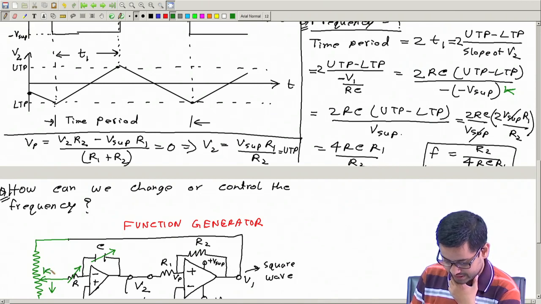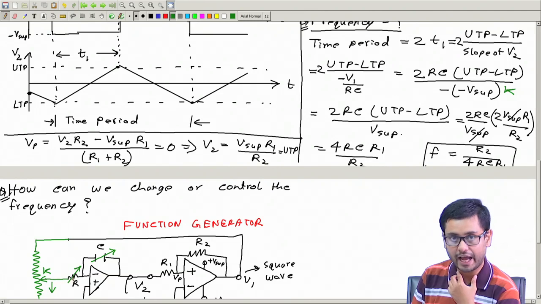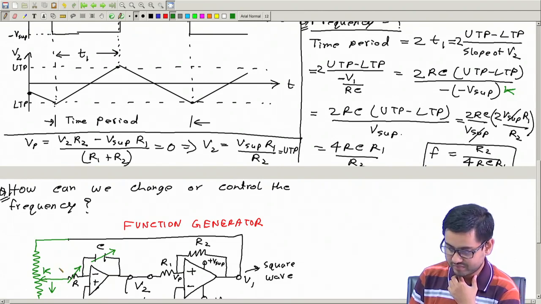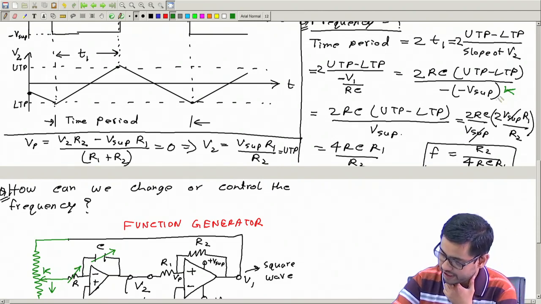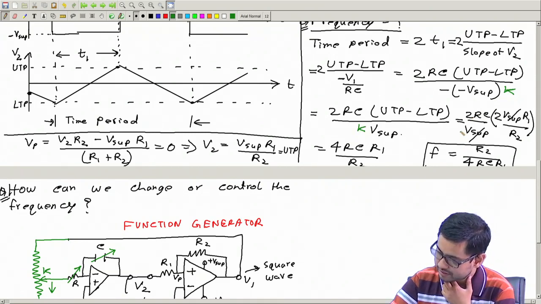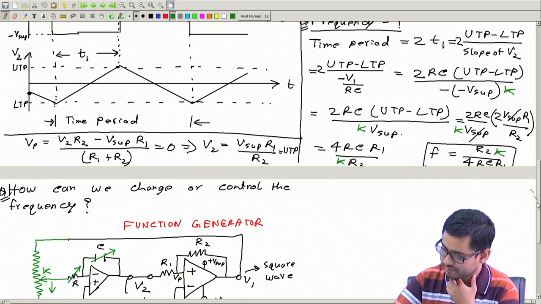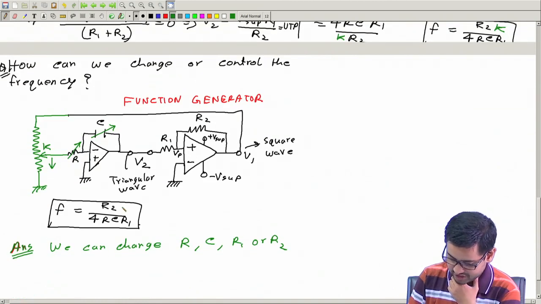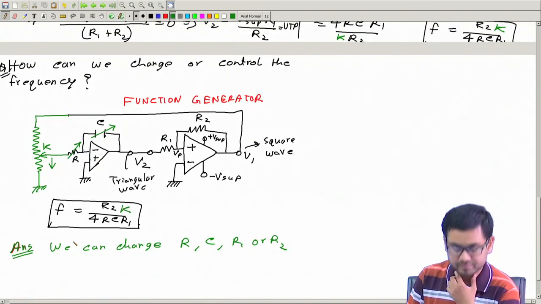This k is the factor or fraction of this voltage which actually gets there. And therefore, this k will be everywhere here.